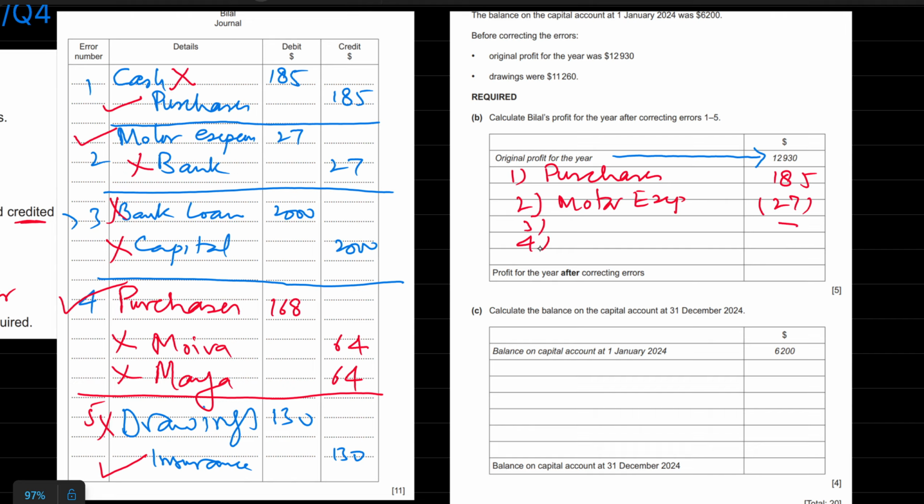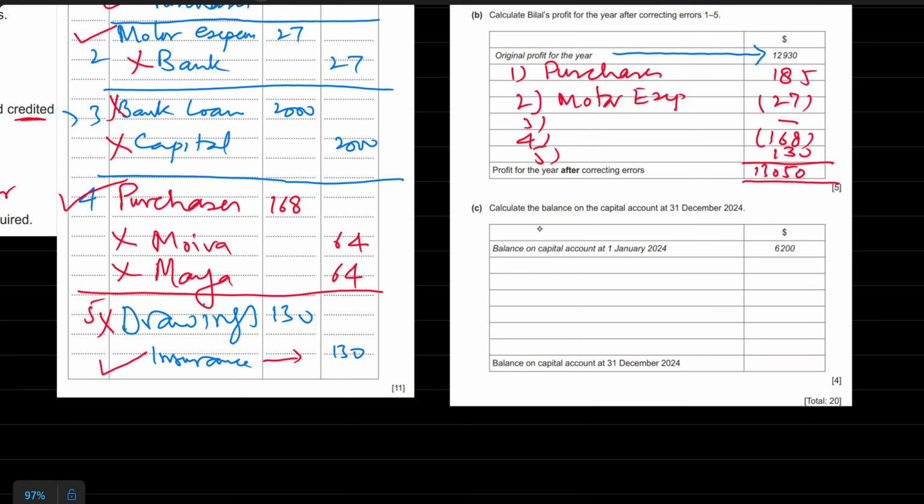Number 4, purchases are debited, so any debit account will decrease profit. Number 5, insurance is credited, and any account that is credited and related to the income statement will increase profit. So students, the corrected profit after adding and subtracting these items will be 13050.